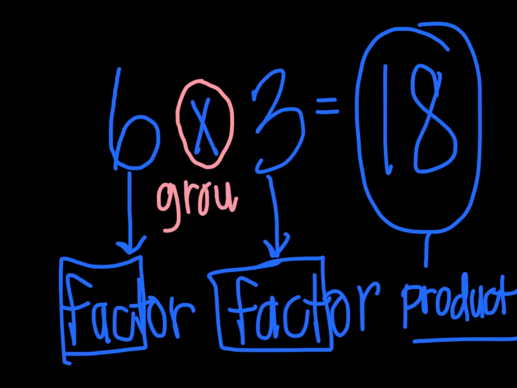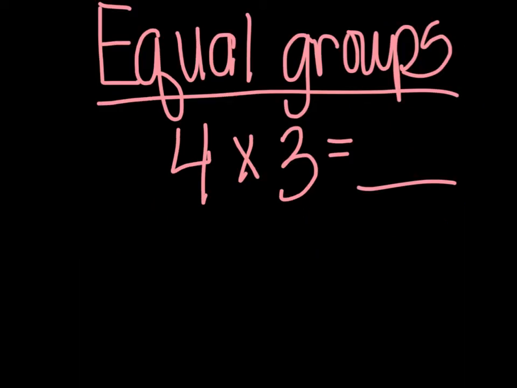So you might hear us say times. You might say 6 times 3 equals 18. But I would like us to try to use 6 groups of 3 equals 18 because that's the more mathematically correct way to do it in the classroom. So we're going to say 6 groups of 3 equals.